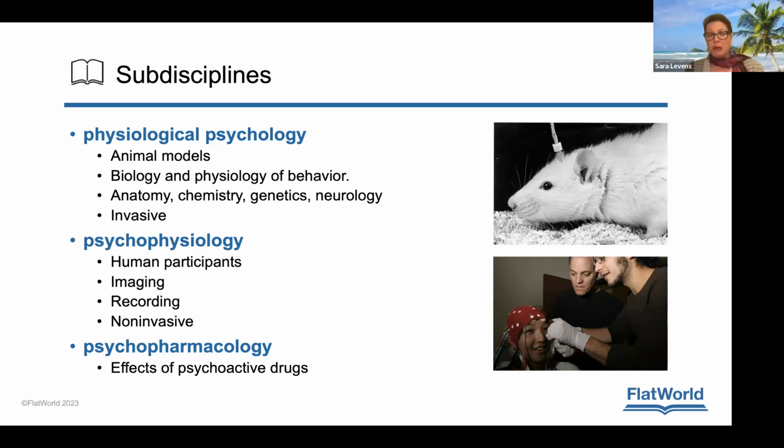You have human participants, and it primarily uses imaging and recording, and it's primarily non-invasive in its techniques, whereas physiological psychology, which uses more animal models, is characterized as more invasive. And then you have psychopharmacology, which is the effects of drugs that have direct effects on the nervous system, and the psychoactive processes that would be investigated in these subdisciplines.